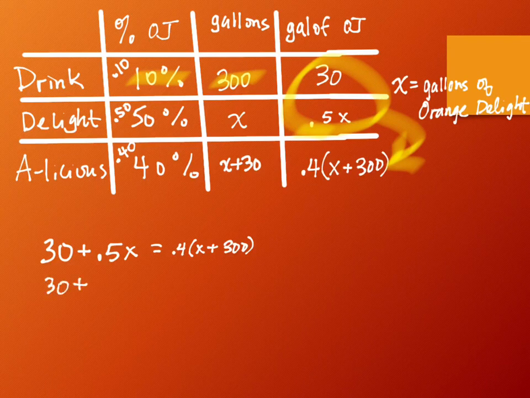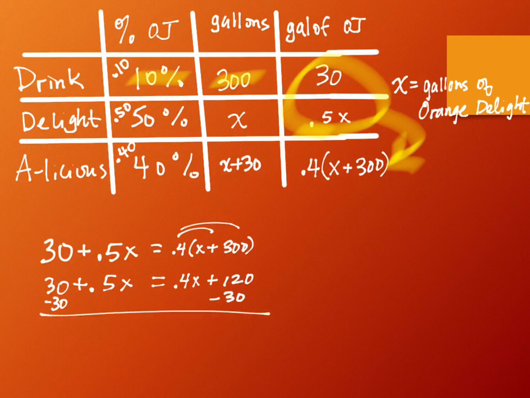So this is the equation that we're going to be solving. So we have 30 plus 0.5x. As we distribute this one through, I have 0.4x plus 120. Here. So what would I do next to solve? Okay, we could subtract the 30, sure. So now I have 0.5x on the left, I still have the 0.4x on the right, and now I have 90 on the right as well.